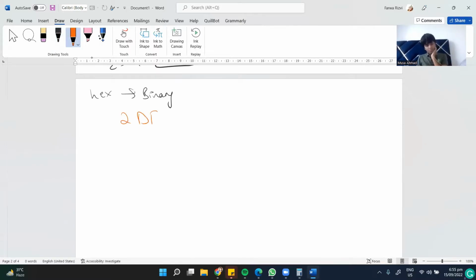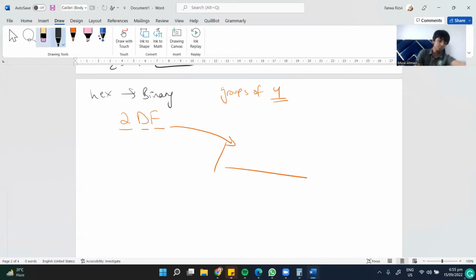We have these three digits or positions that we need to convert. We already know that hex uses groups of 4, right? That means F here is going to be represented by some 4-digit binary number, and then D is going to be represented by some four position binary number, and then 2 is also going to be represented by some 4-digit binary number.